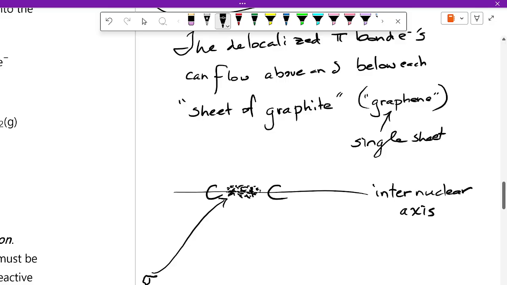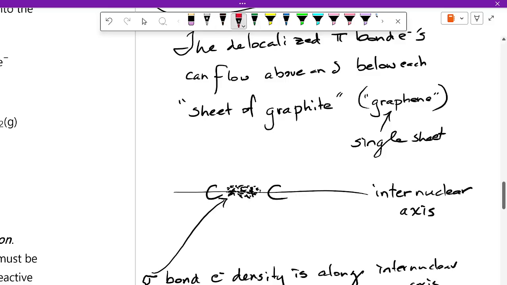So a sigma bond, electron density is along the internuclear axis. And when we have our pi bond, where is the electron density? When you have a sigma bond, it is end-on overlap.